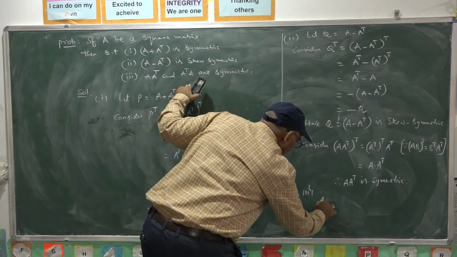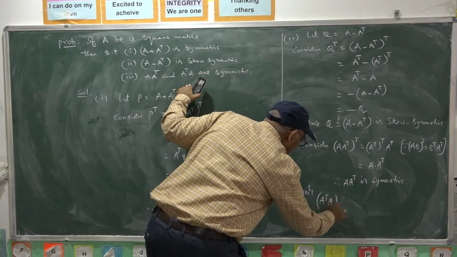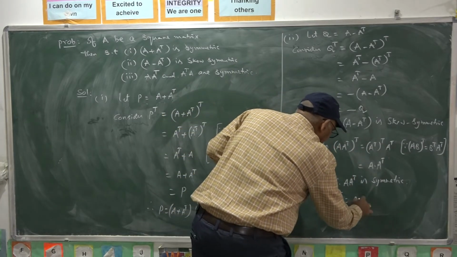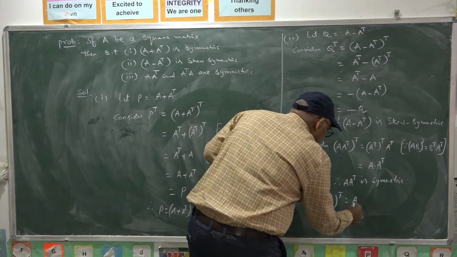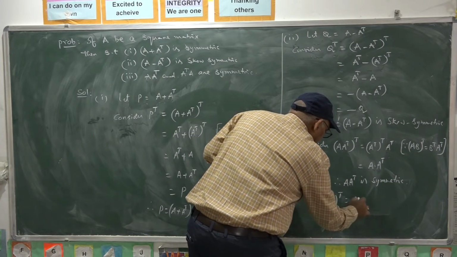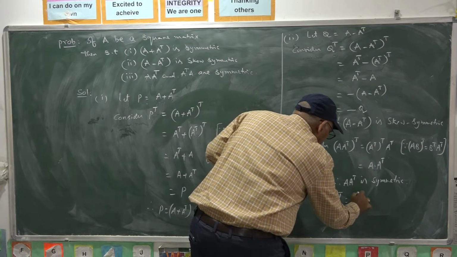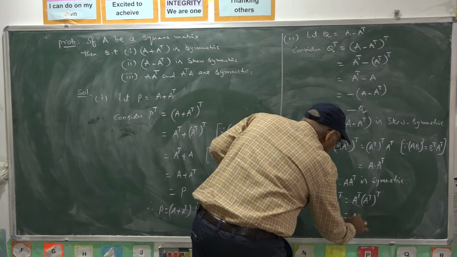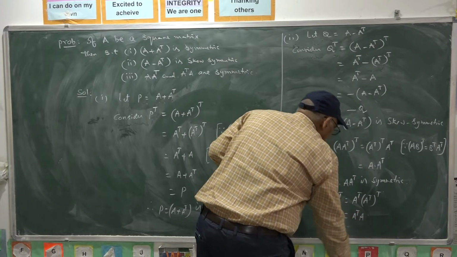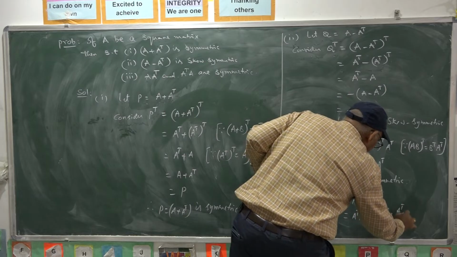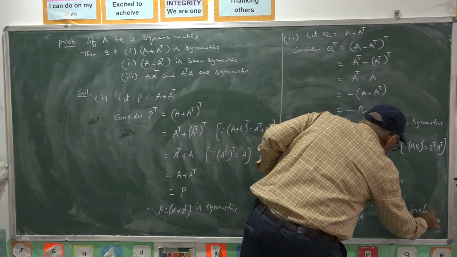Similarly, A transpose A whole transpose is, by the same reversal property of the transpose, A transpose into A transpose whole transpose, which is A transpose A itself. Therefore, A transpose A is also symmetric.